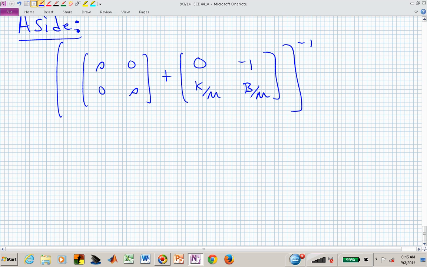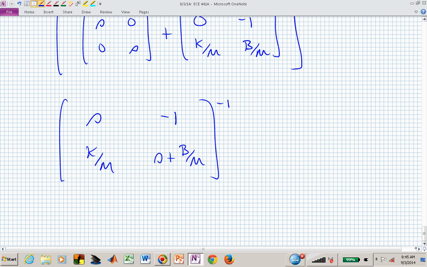Or let me combine those two matrices. The 1, 1 entry is simply s. The 1, 2 entry is simply minus 1. The 2, 1 entry, K over M. The 2, 2 entry is s plus B over M. And do you remember how to invert a matrix?